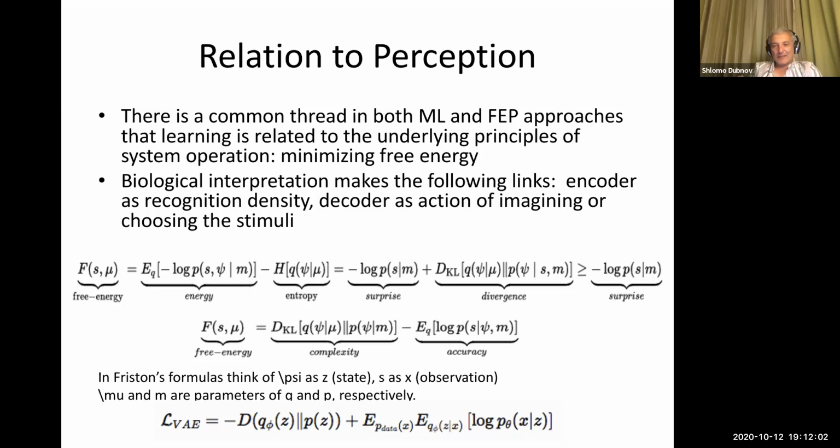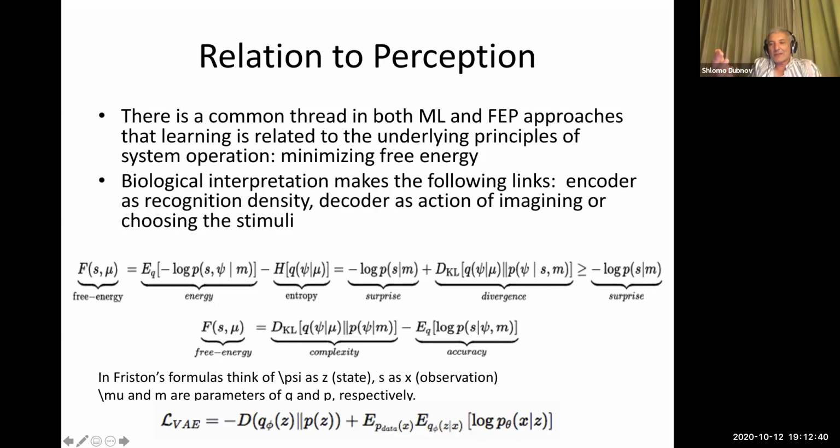And then the main point from this set of slides is just that you can think about one of them being more suitable for action. So if you think complexity minus accuracy, the accuracy is basically how your sensations are generated based on your internal states, and this is where you can input your action to change this. While in the surprise and divergence, the surprise in some sense is the surprise on the evidence.